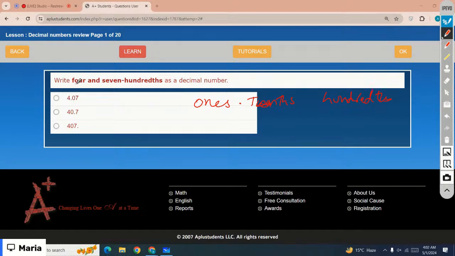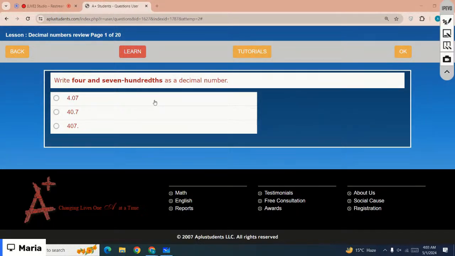You are given 4, that would be at the ones position, and then hundredths. So here is 7. So ones digit, tenths digit must be 0. The correct option is 4.07. Option number 1 is the correct option, right? The correct option is option number 1, that is 4.07.